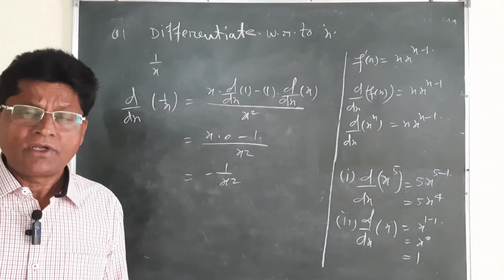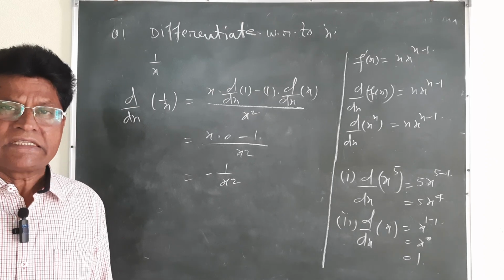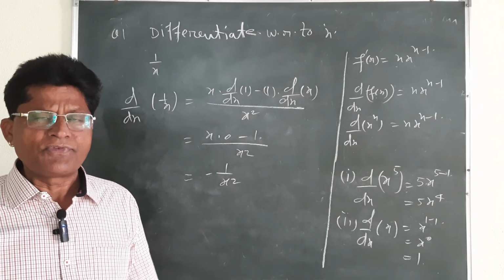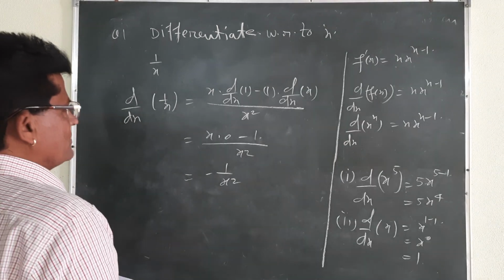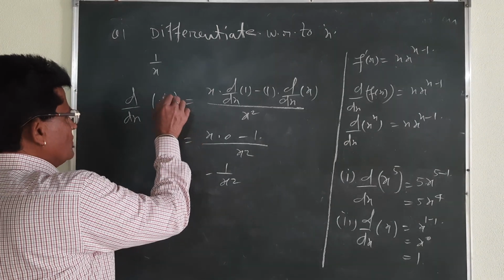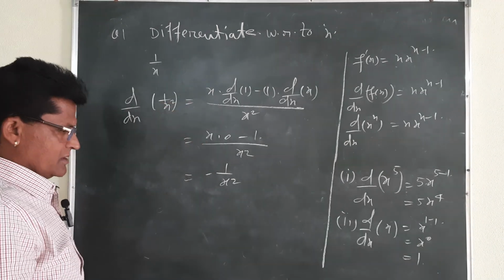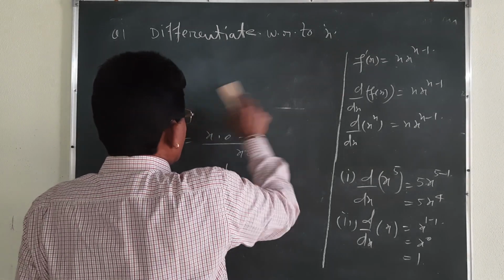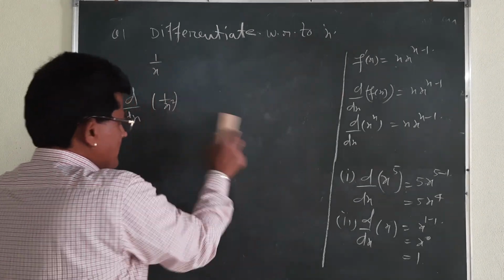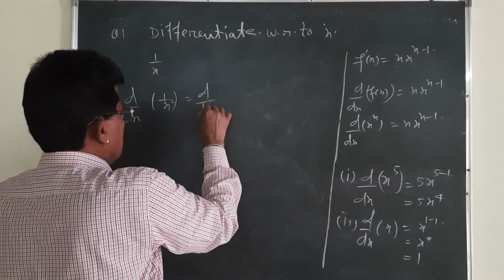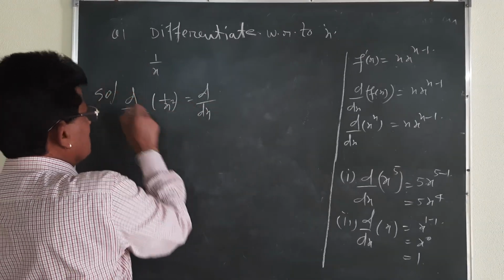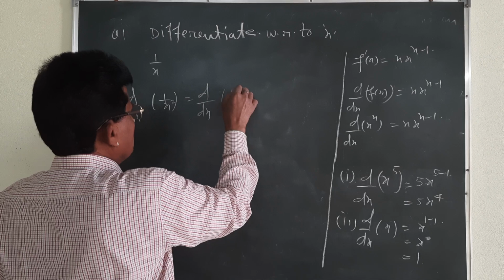Like that you can practice a number of questions. You can generate different types of questions yourself to practice, so that you will not commit mistakes. Let me take, suppose, 1 upon x square. Find the derivative of 1 upon x square by using the similar formula. It will be d upon dx of x to the power minus 2.